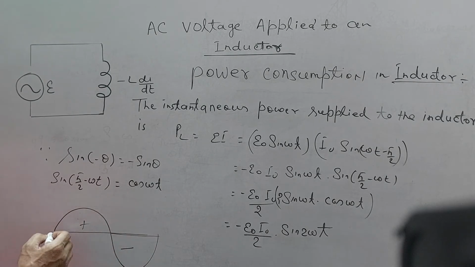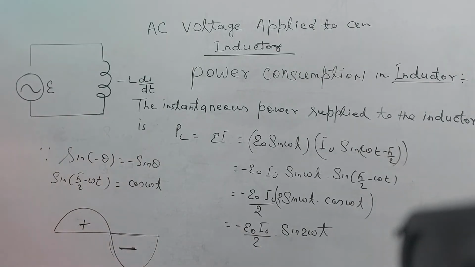Positive means the power is supplied by the source. In the first half, power is given by the source to the inductor. In the second half, the value is negative, which means power is returned back to the source by the inductor. So in this way, the net power consumption by the inductor is 0.